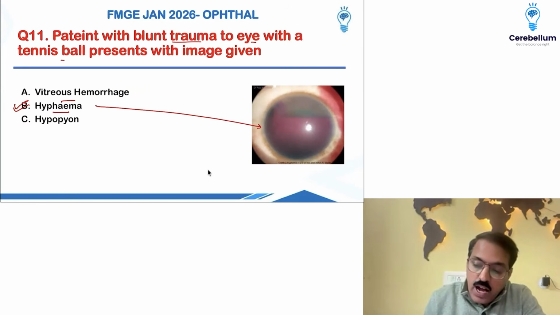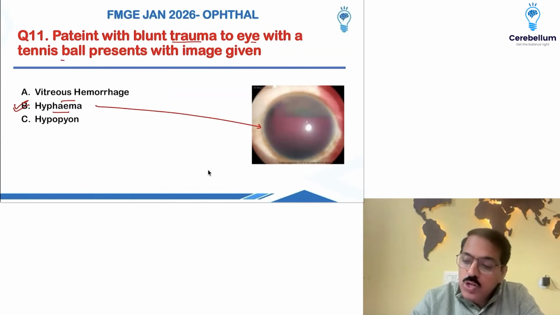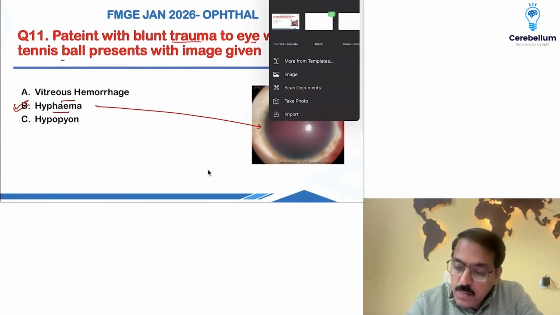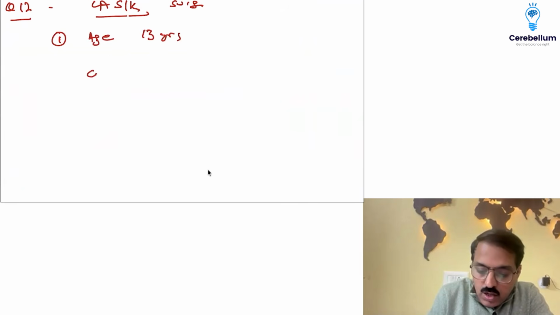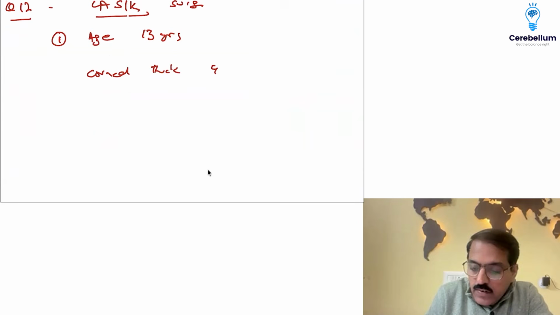हाँ. And one question was on, so question 12, one question was on LASIK surgery criteria. ठीक है ना, where they had given one, age 13 years, corneal thickness they had given as 480 microns, है ना.